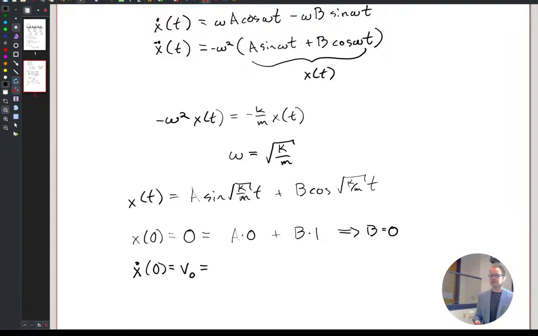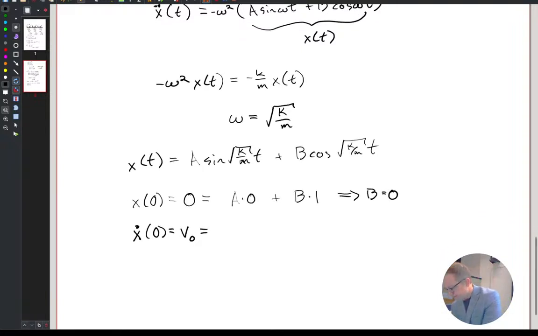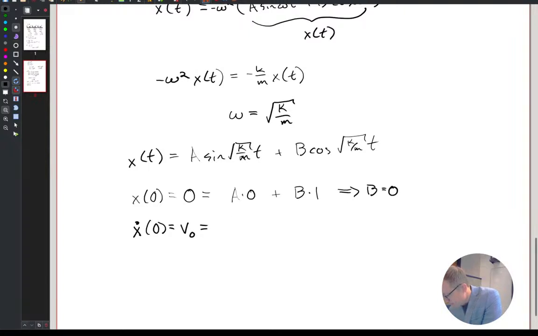But I know we start at like 10 meters per second, something like that. But v0. And I already scrolled past it, but we'll just write it out: a root k over m. And I already know b is 0, but that's all right, we'll write it out.